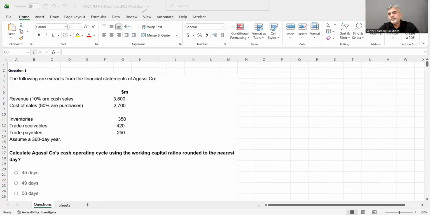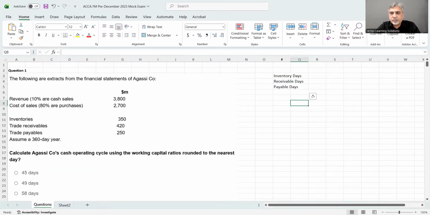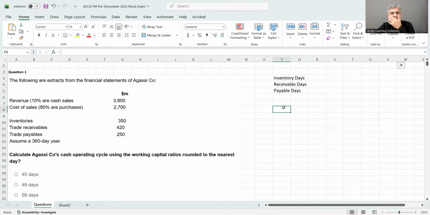What I need to do is calculate my inventory days, then my receivable days, and then there is payable days. Of course, payable days will be subtracted. I'll try to make it slightly bigger so that you can see it.